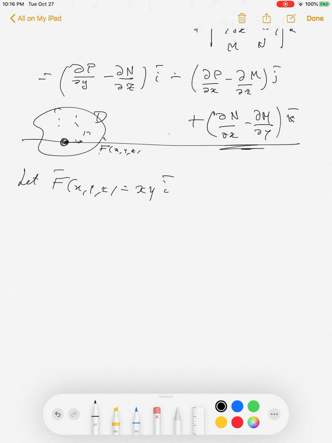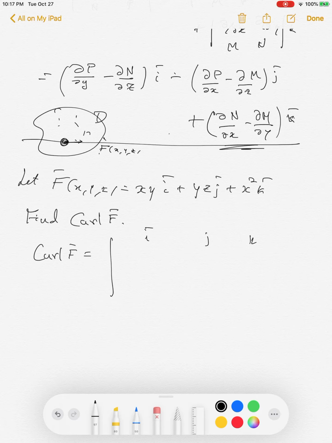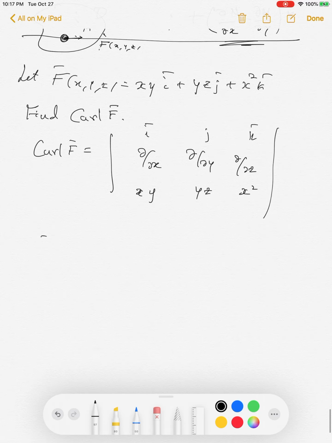So let's take vector field f bar of x, y, z to be, let's say, xy i bar plus yz j bar plus x squared k bar. Let's find curl of f bar. So you write curl of f bar is equal to i, j, k. This is just a notational convenience so that you remember the formula. Otherwise, who wants to remember it in this form? You just write it in terms of the determinants.